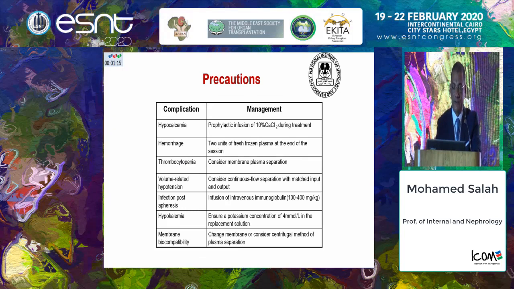For hemorrhage, 2 units of FFP. For thrombocytopenia, consider membrane plasma separation, or consider continuous flow separation. Infusion of intravenous immunoglobulin for infection post-apheresis. Ensure a potassium concentration of 4 millimole in the replacement solution, and change the membrane, or consider the centrifugal method of plasma separation.